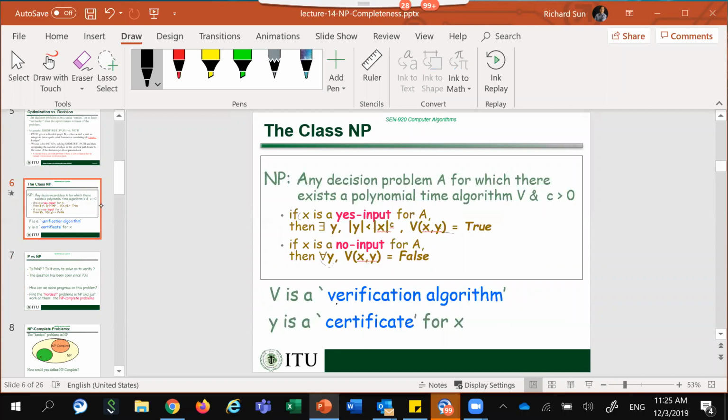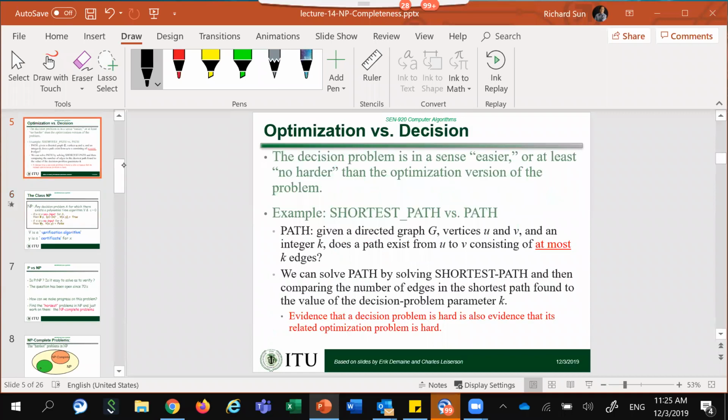Now let's give a quick example. Given a graph, instead of finding the shortest path, let's say we want to find the longest path. Given a graph, vertices u and v, and an integer k, we ask: does a path exist in this graph from u to v that consists of at least k edges?